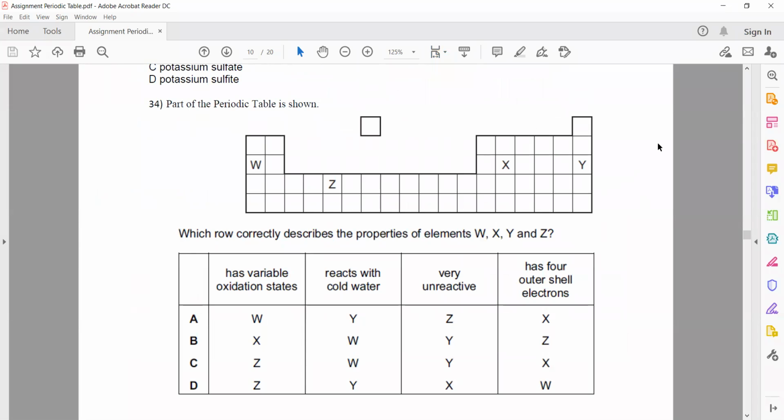Part of a periodic table is shown. Which row correctly describes the properties of elements W, X, Y, and Z? Yeah, that's right.